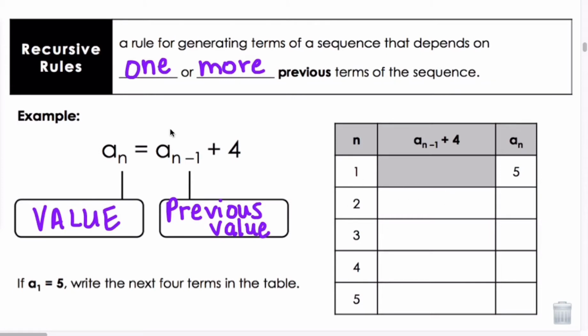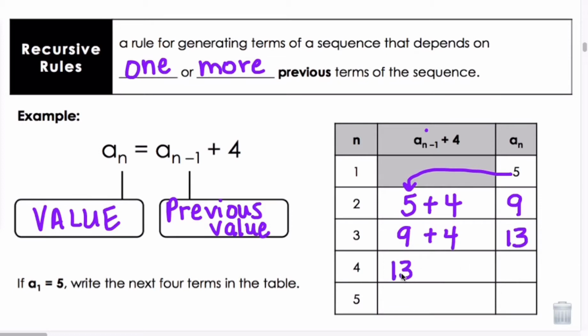So if I'm looking at this as my previous value, and I'm looking for the next term, term number 2, my previous value is 5, so I'm going to substitute that in and add it to 4 to get 9. Again, I'm going to take the 9, the previous term, and add 4 to get 13.